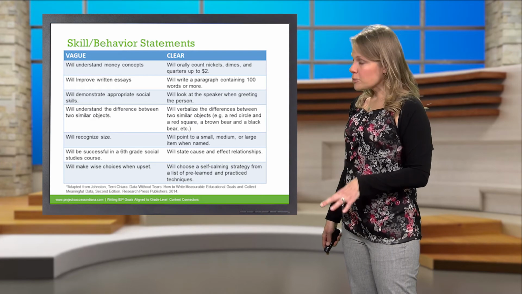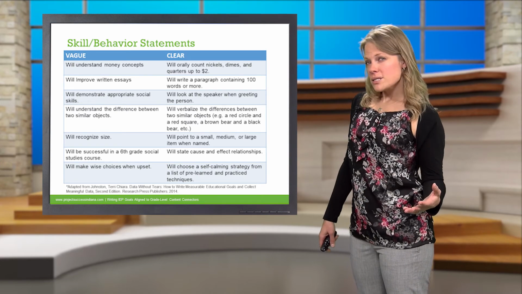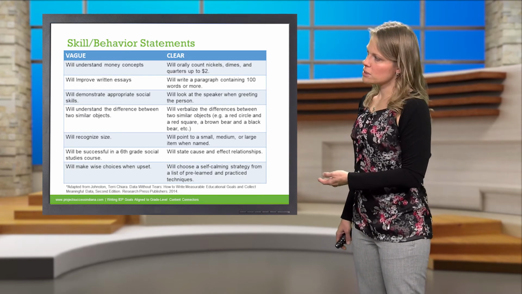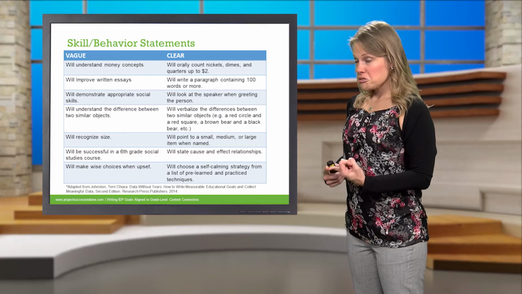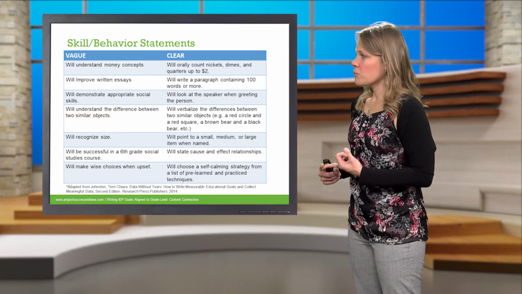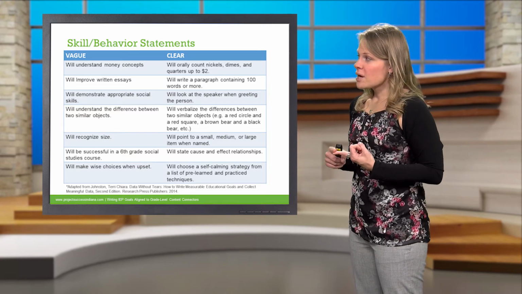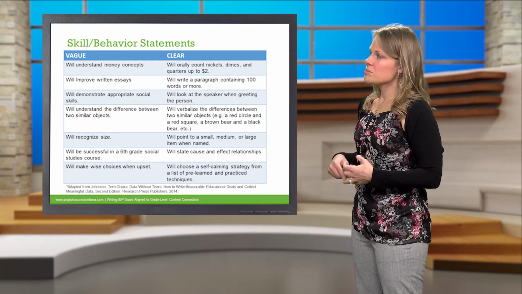Here are some examples in practice of what a vague statement might look like as opposed to something that's a little bit more clear. So we'll understand money concepts. Certainly an important skill that we want our students to be working on, understanding money concepts. But that is going to be really vague in terms of how will we know if a student has mastered understanding money concepts? How will we progress monitor whether a student has been understanding money concepts, and so forth.